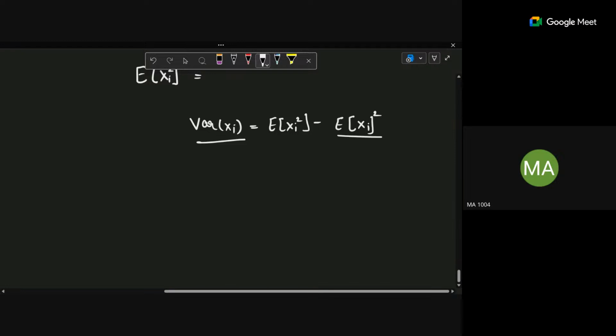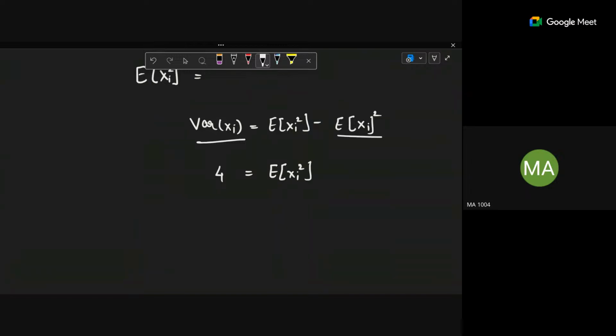Variance of xi is given as 4, sigma square is 4. And expectation of xi square we don't know. Expectation of xi is 15, so 15 square. That implies your expectation of xi square is 4 plus 225, that is 229. Okay? Is it fine?